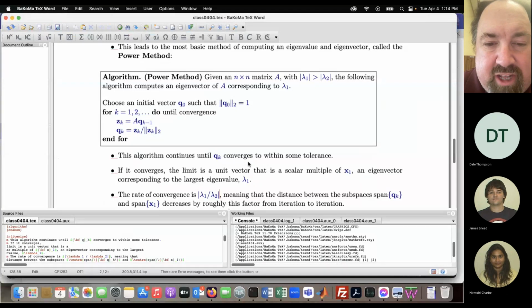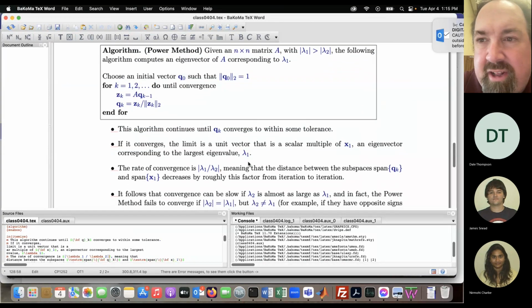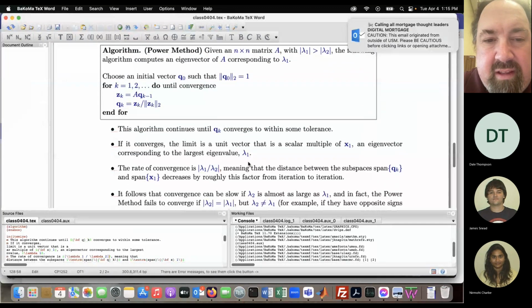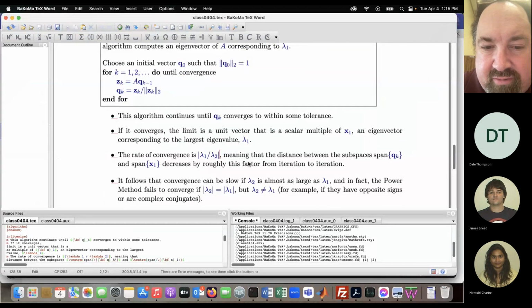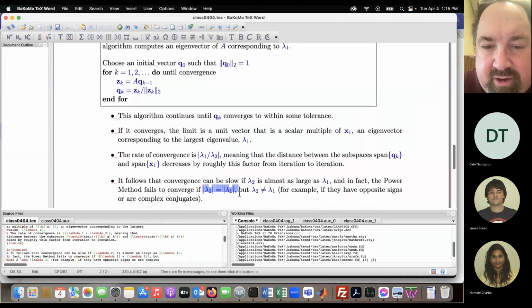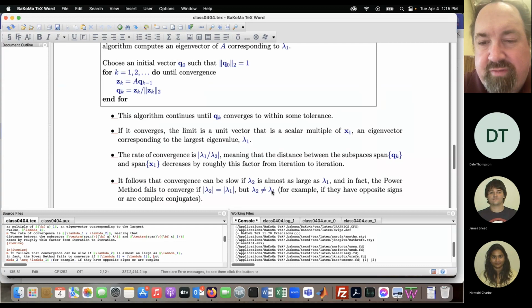And if the top two eigenvalues had the same magnitude, we wouldn't have convergence at all. So that's why that assumption of lambda 1 being strictly greater in magnitude than lambda 2 was essential. If they are the same magnitude but not equal to each other, the power method will not converge.